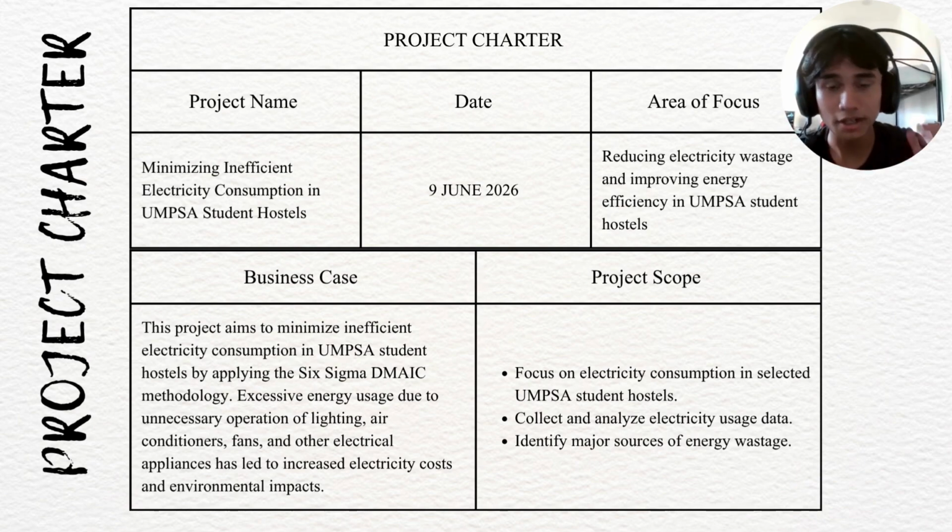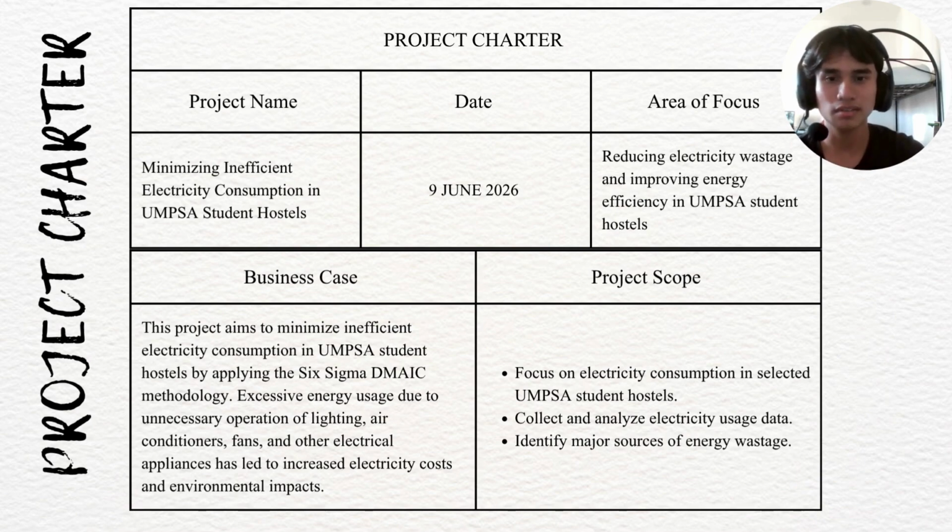As shown in this slide, our project name is Minimizing Inefficient Electricity Consumption in UMPSA Student Hostels. This project started on 9 June 2026. The area of focus is to reduce electricity wastage and improve the energy efficiency in UMPSA student hostels.